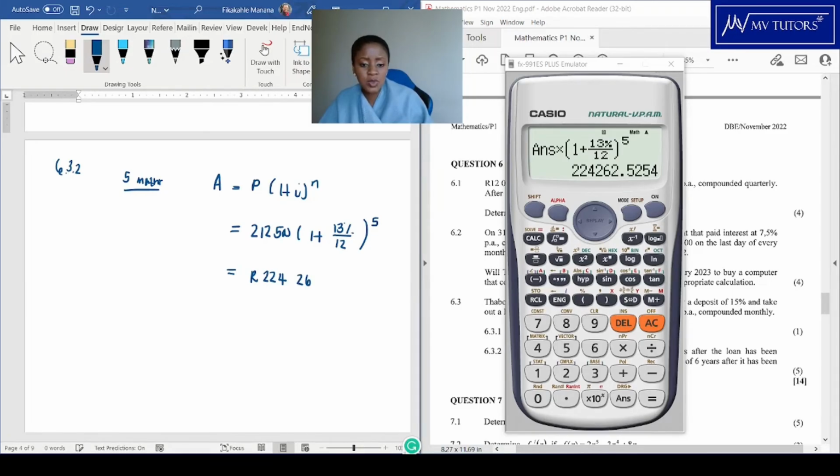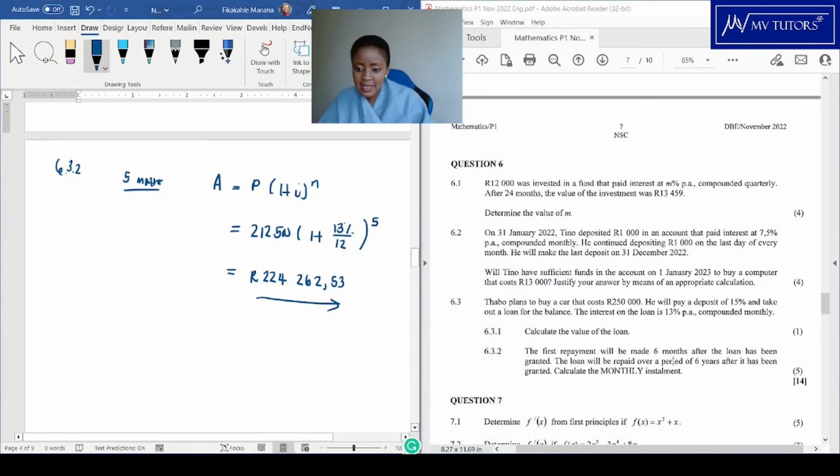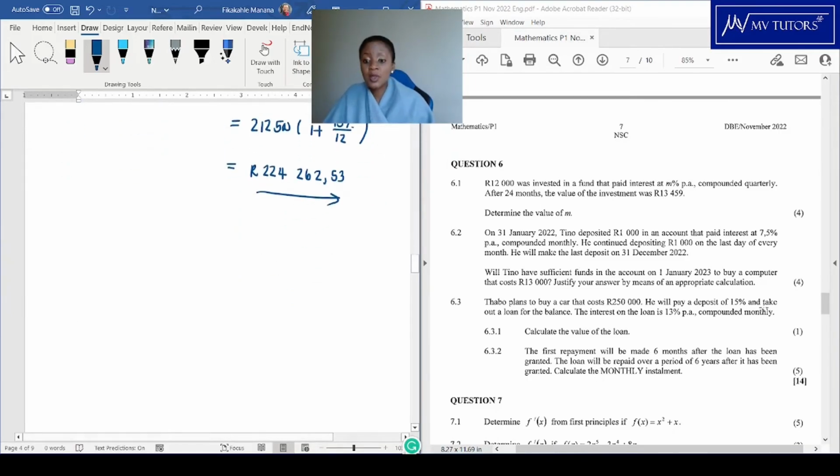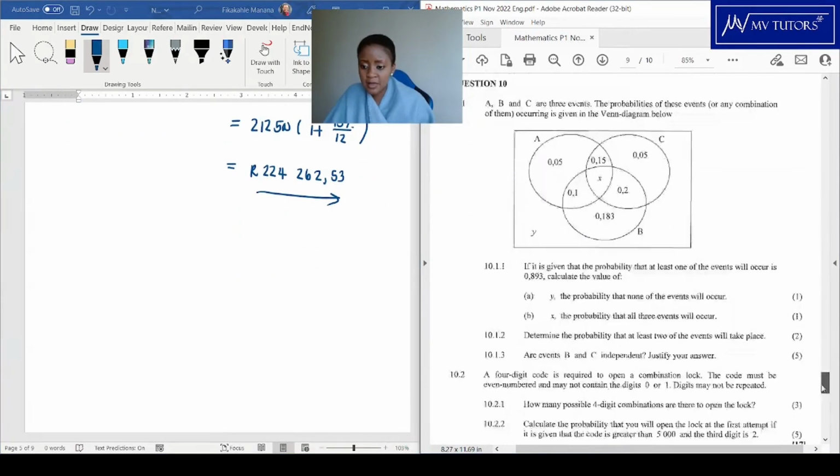So 224,262.53. Do not delete this answer from your calculator. Keep it in. Okay. Now we can then calculate the monthly installment that is required. Okay. So now, and this is a loan, so let's go to the present value formula.